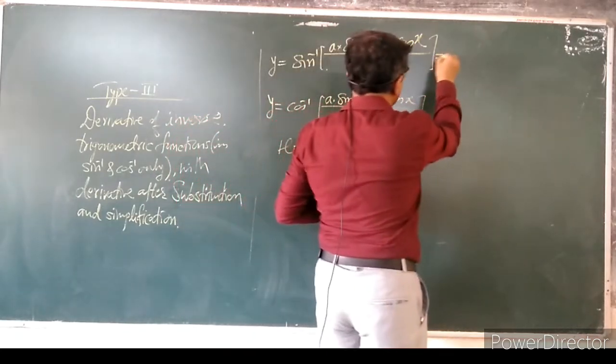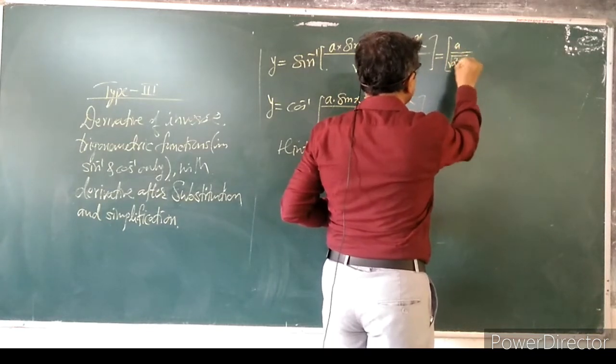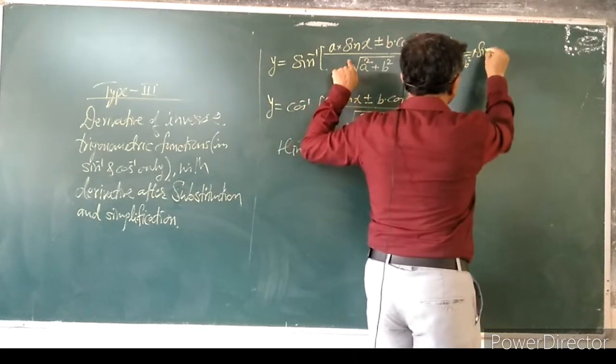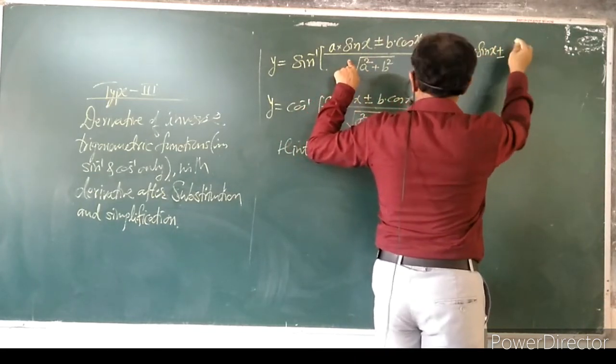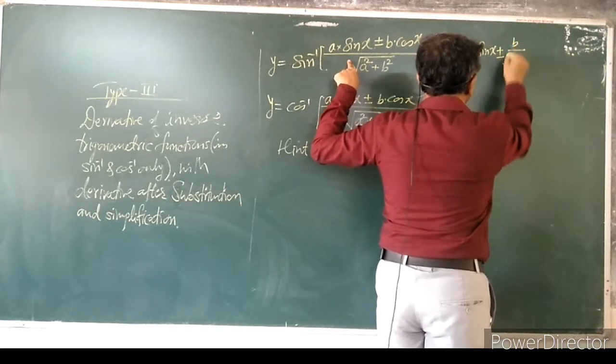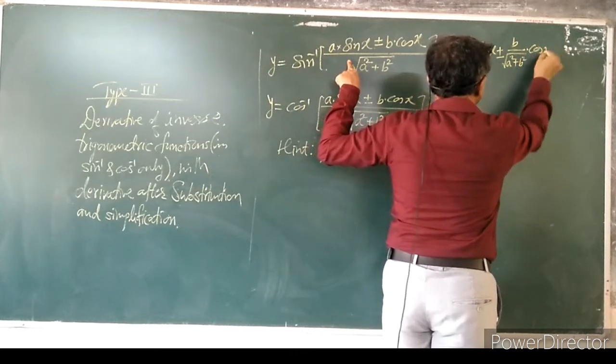You may write this as a divided by a root of a square plus b square into sin x, plus or minus whatever it may be, b divided by a root of a square plus b square into cos x.